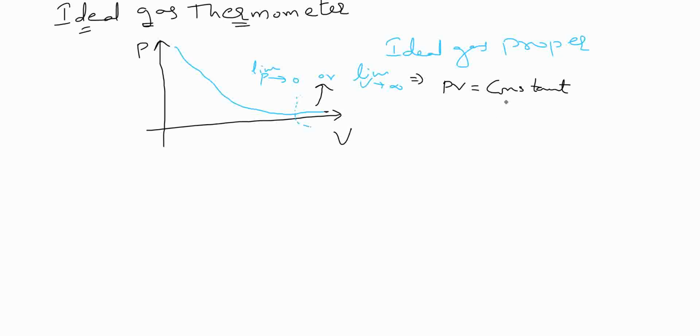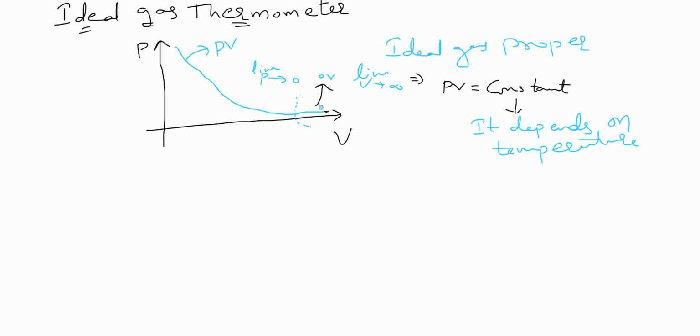So PV is equal to a constant, and its value depends on temperature. So now, what is this curve? It is a PV curve, because we are plotting on the P and volume axes.